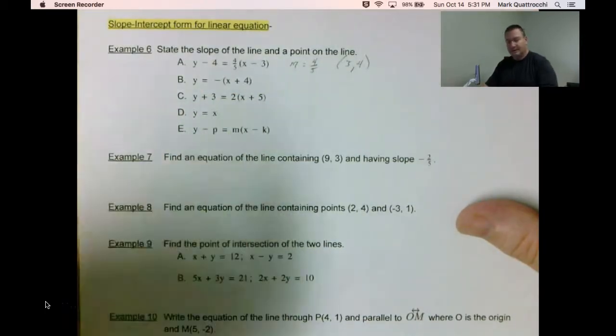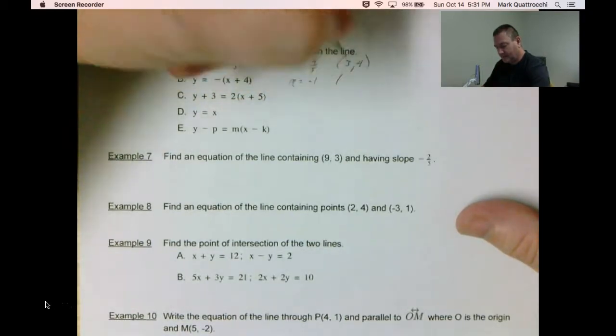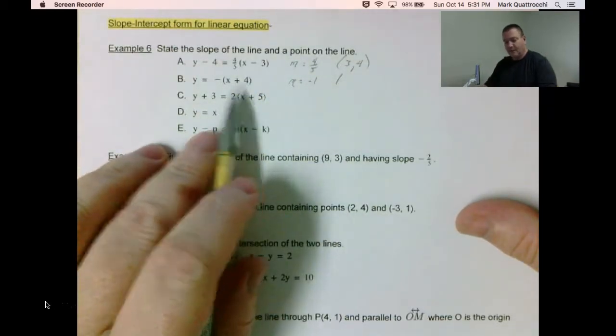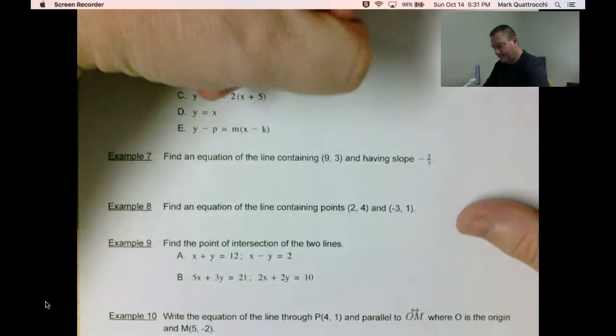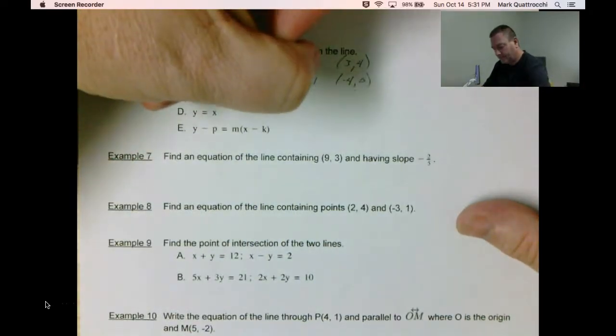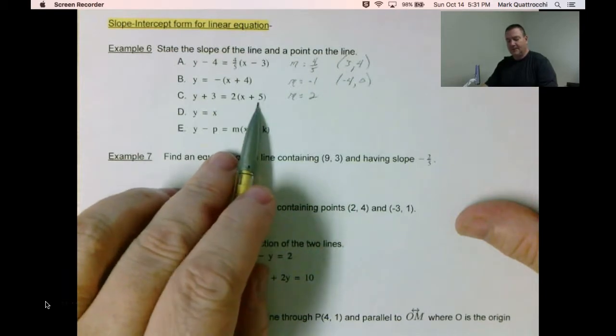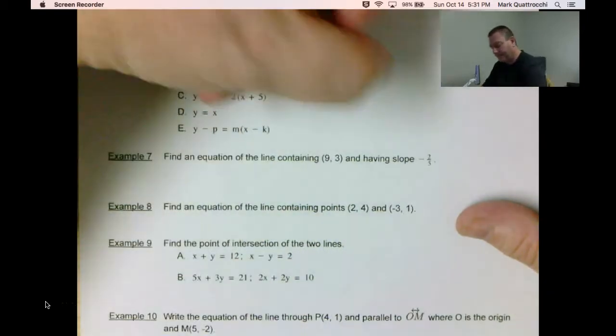Slope here is negative 1. M equals negative 1. And we have the point negative 4, 0. Here we have a slope of 2. And we have the point negative 5, negative 3.